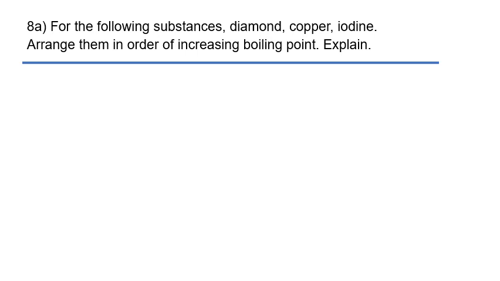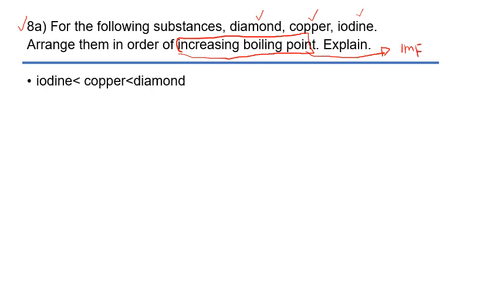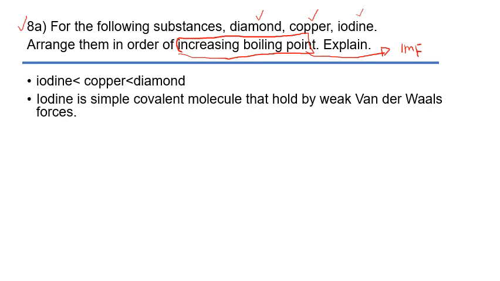Proceed with the last question of the tutorial, question number 8a. For the following substances, we have diamond, copper, and iodine. We need to arrange them in order of increasing boiling point. As usual, when we want to relate to the boiling point, we must relate it to the intermolecular force. Iodine is a simple covalent molecule, because the formula is I2, held by weak van der Waals force.